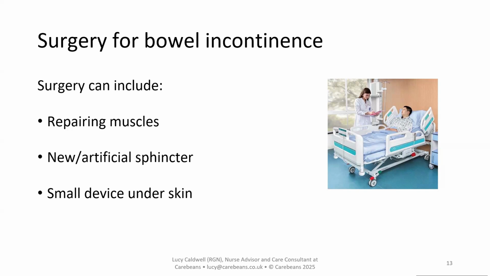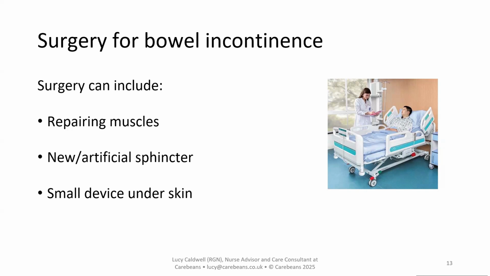There is the ability to create a new anal sphincter, so the muscle in your bottom, and that would be done by using muscle that's taken from the thigh, for example. There's also artificial sphincters out there. So an artificial sphincter could be placed inside the person's bottom just to control better when they go to pass a stool, go for a motion.